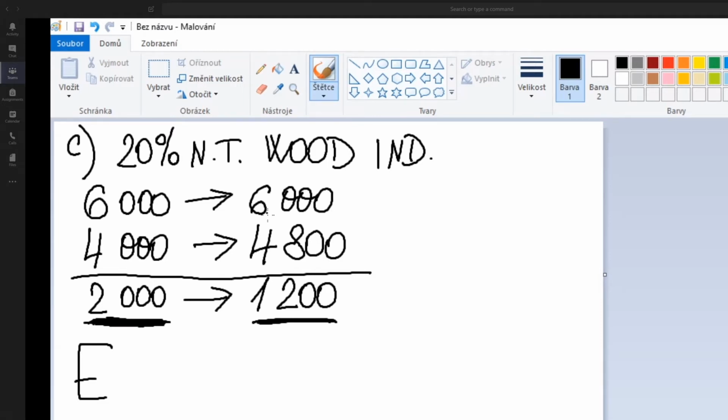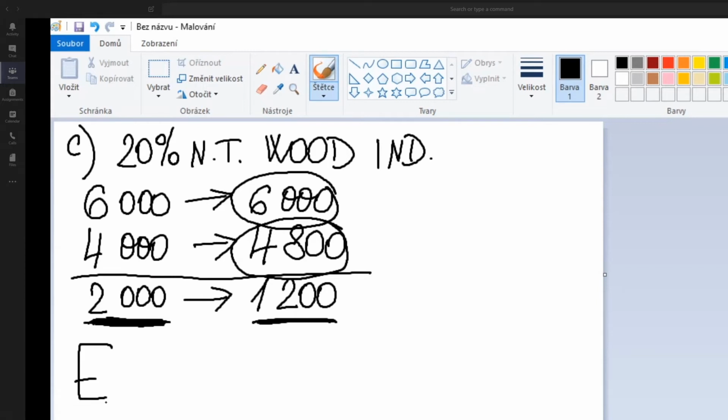Otherwise, he goes bankrupt. But he gets the wood at a higher price than the regular world producers. So let's calculate again the effective tariff protection rate.